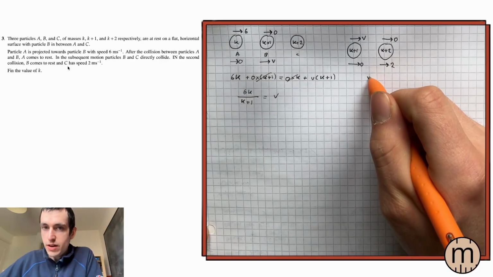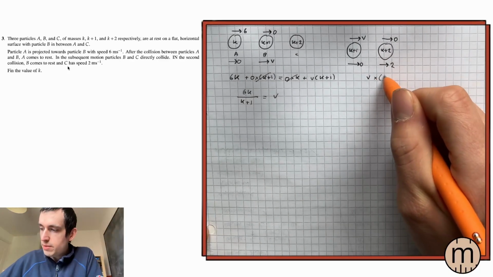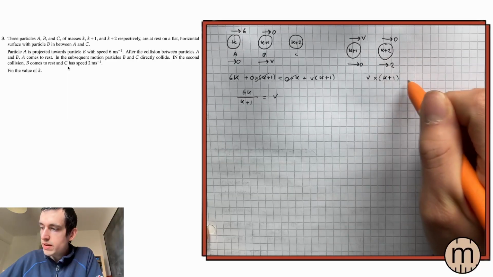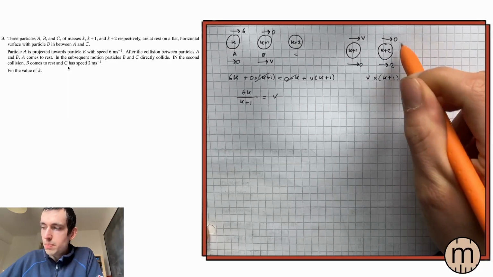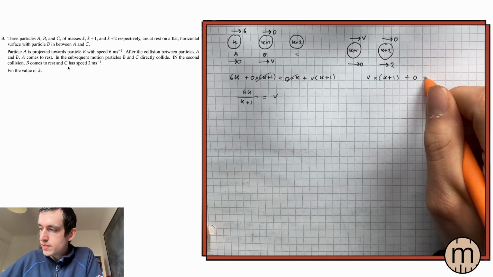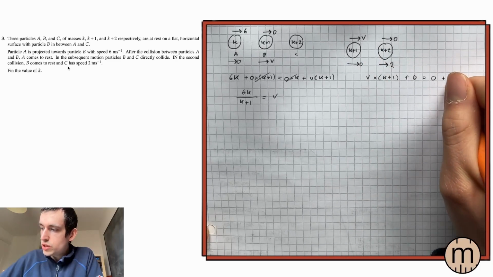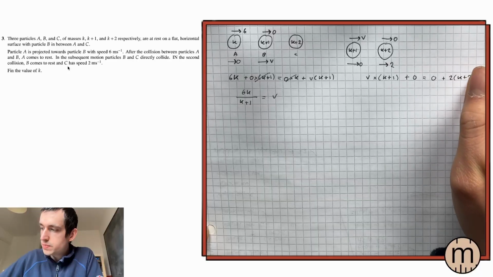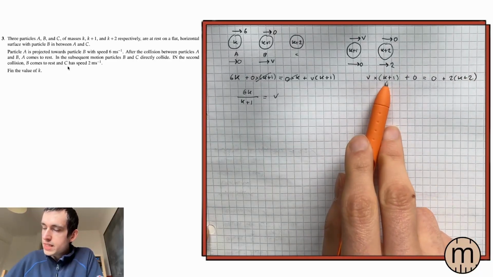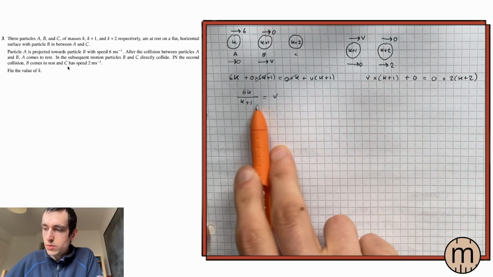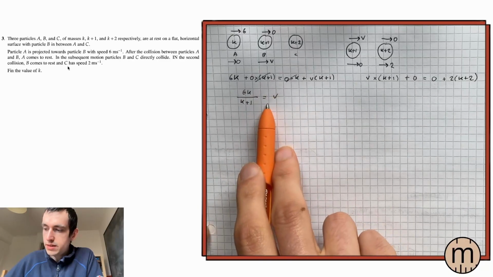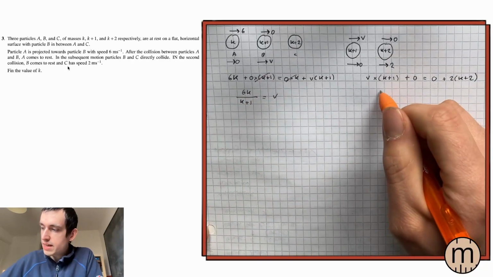So we're going to do V lots of k plus 1 mass times velocity plus 0 is going to be equal to 0 for these two plus 2 lots of k plus 2. V times k plus 1, well, actually, if I rearrange this, that should be equal to just 6k.